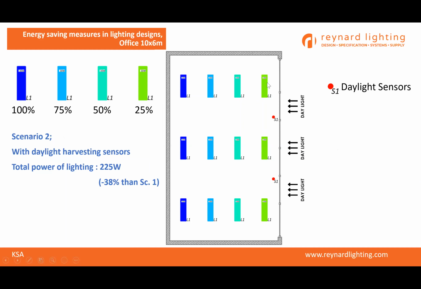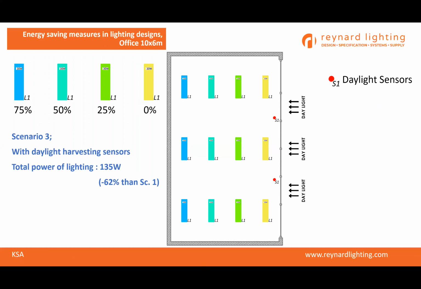In the first scenario, the first row will dim down to 25%, the second one will dim down to 50%, then 75%, then 100%. With this scenario, the total power was 225 watts, and this achieves 38% saving compared to the base case. We go further.